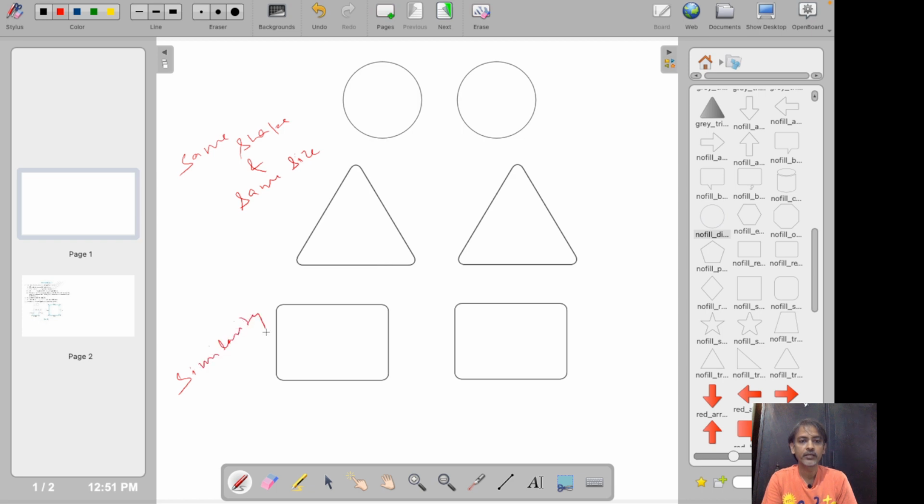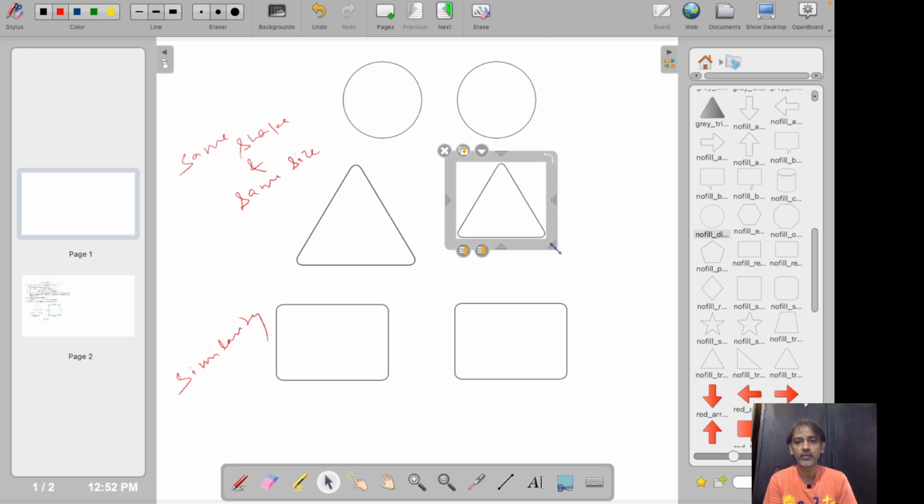What is similarity of figures? Similarity is when your shape is the same but the sizes are not the same. What do we mean by it? For example, let's say I take this triangle and reduce the scale of it by some measure, so I make it a little smaller like this. What I've done is from every side, every angle, it is reduced in the same ratio.